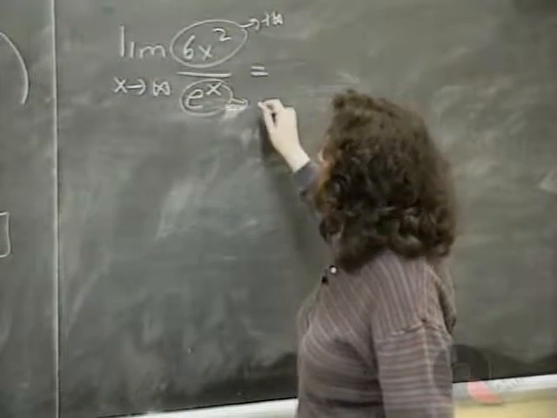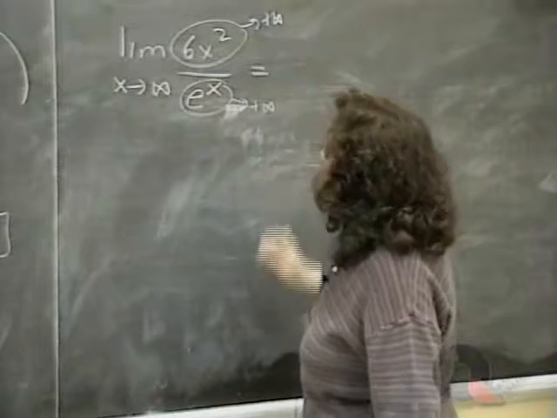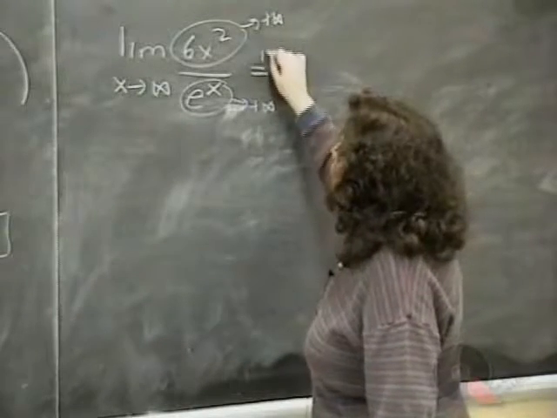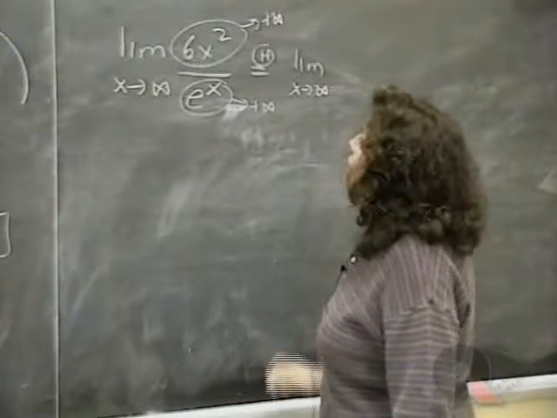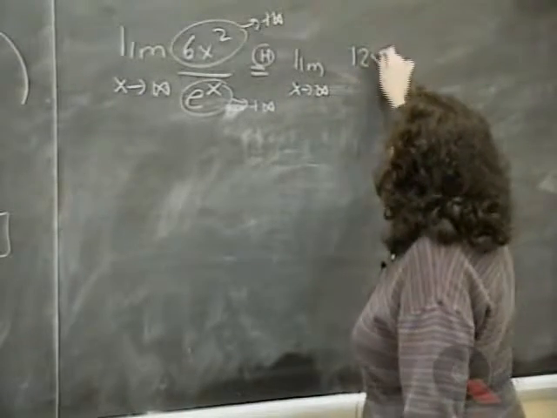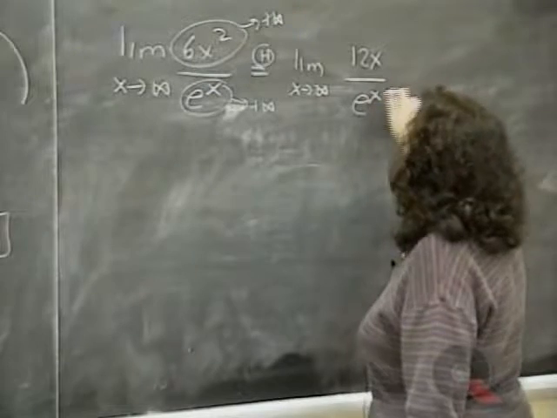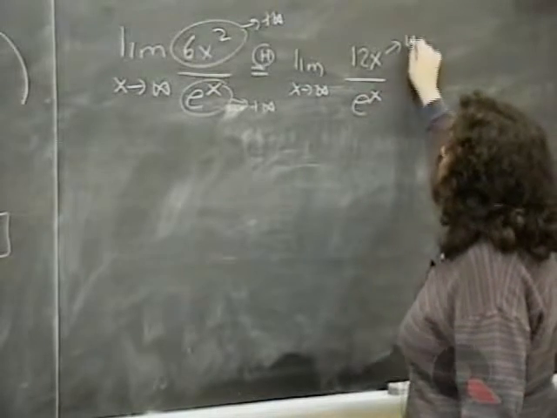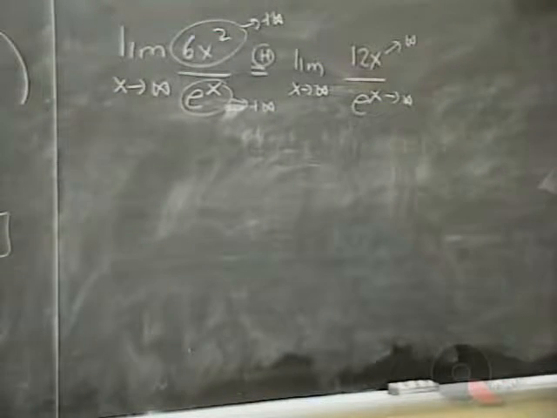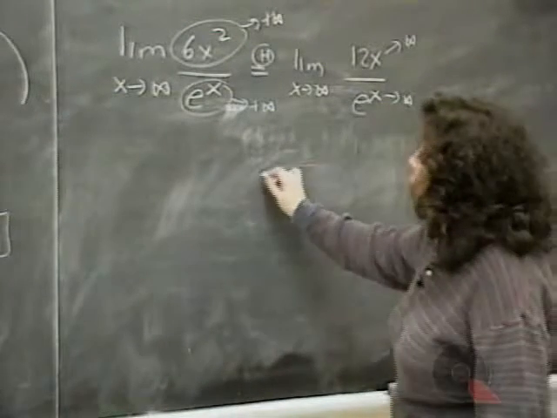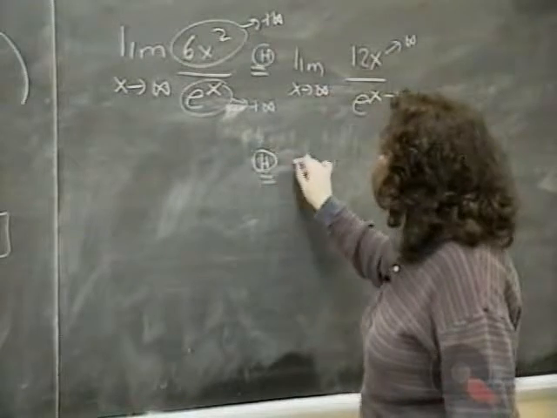E to a very large number is getting very large, so this is an infinity over infinity form. We may use L'Hopital's rule. Take the derivative of the top over the derivative of the bottom. It is still infinity over infinity form, and no algebraic simplification can be performed. So we use L'Hopital's rule again.